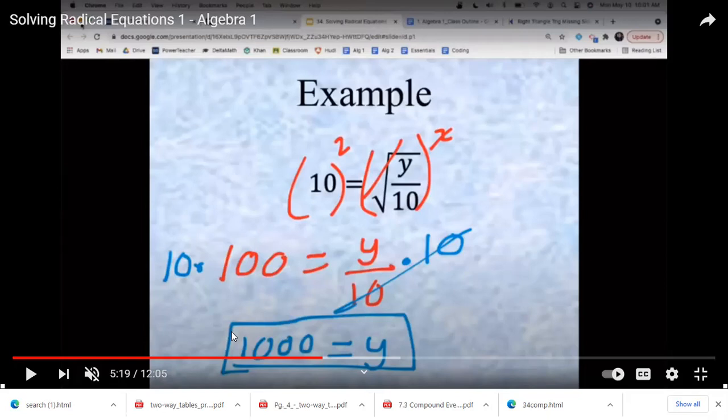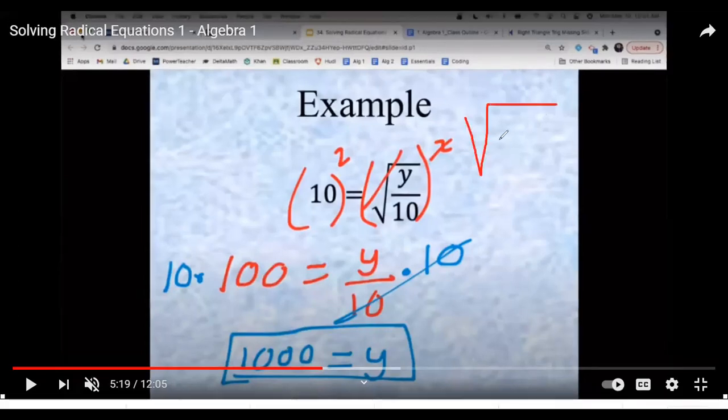Because maybe the answer will be an extraneous solution. Extraneous solution means a value of x that will not satisfy the equation. So I'll go back with you, Sama, and we will check the answer. We will substitute the value now by how many? By 1000.